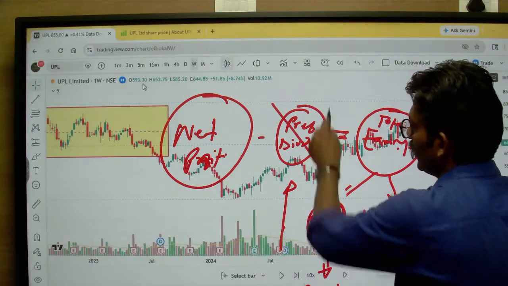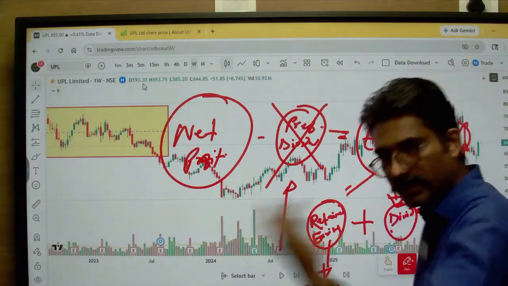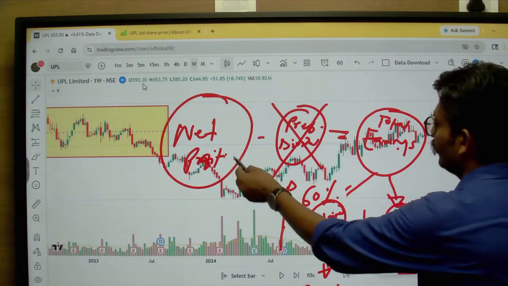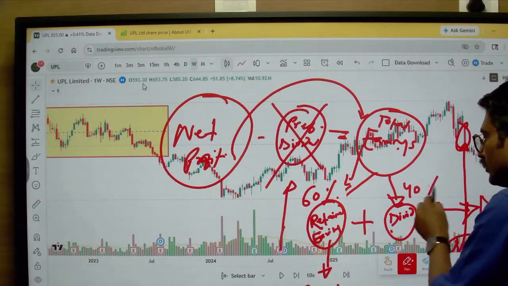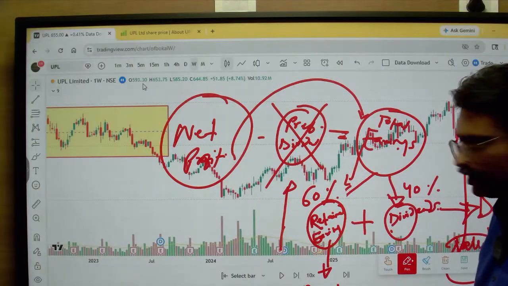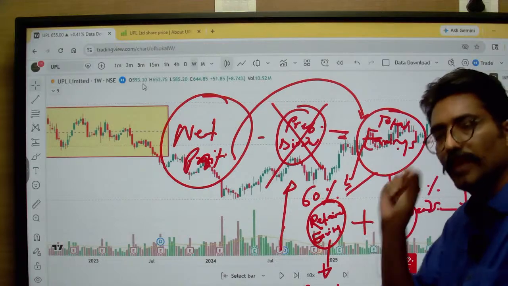If there is no preference dividend, then net profit is equal to total earnings. Total earnings where you will retain some portion. Maybe you retain 60% of the net income, and 40% maybe you distribute as dividend. 40% of your net profit minus preference dividend. This dividend is used in your financial modeling.